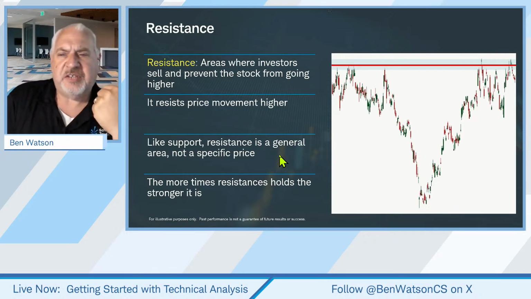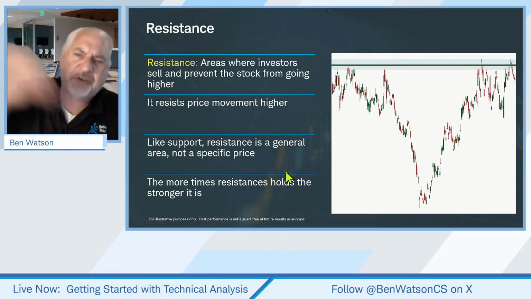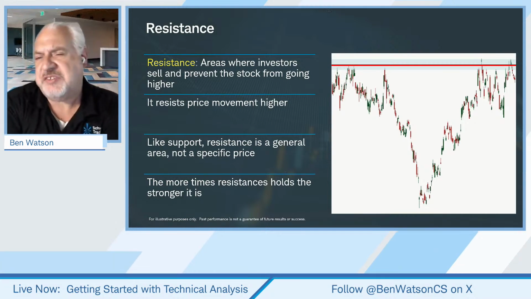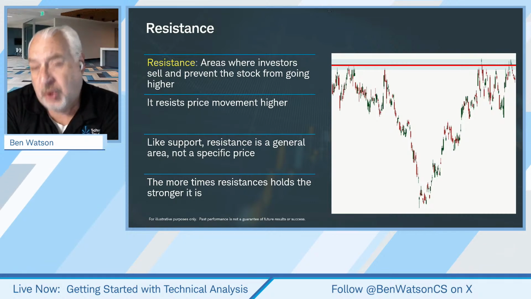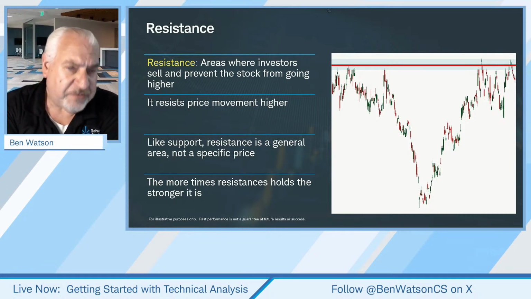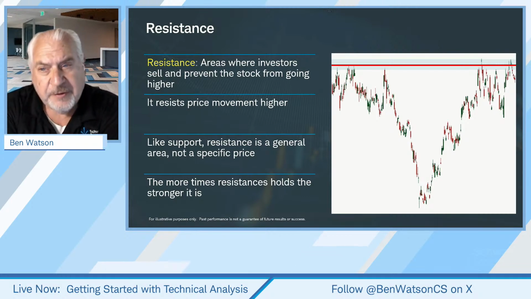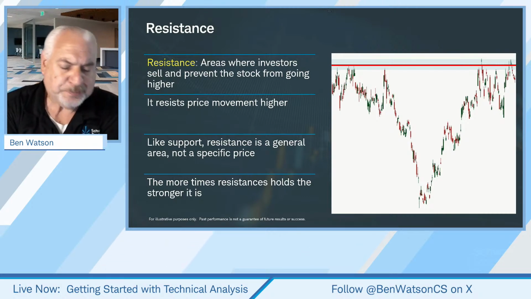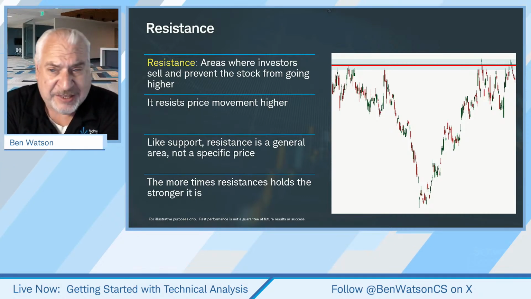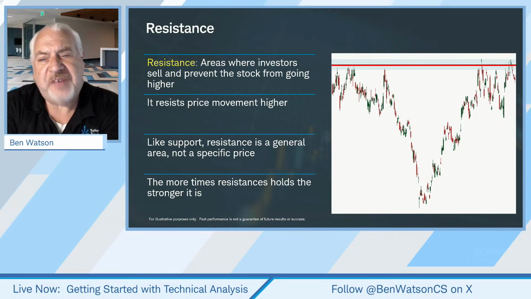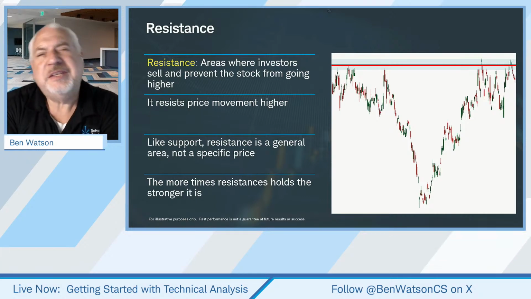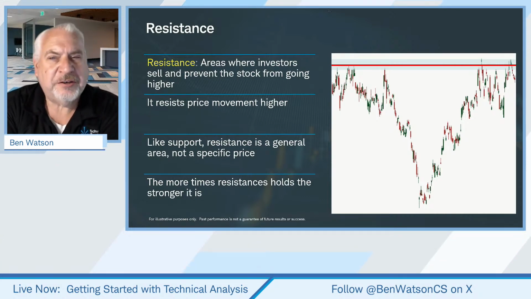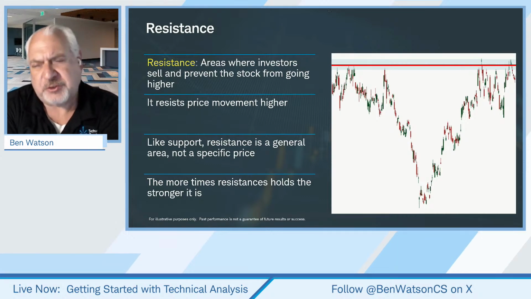So that's the approach in terms of looking at support. Now let's take the other side of that coin, and that's the ceiling overhead, or in other words, what we refer to as resistance. Resistance is an area where investors who are long the stock or long the financial instrument end up selling. And that selling pressure, or maybe we even call it available supply at that level, restricts the stock or resists the stock moving higher, is perhaps the better way to put it.